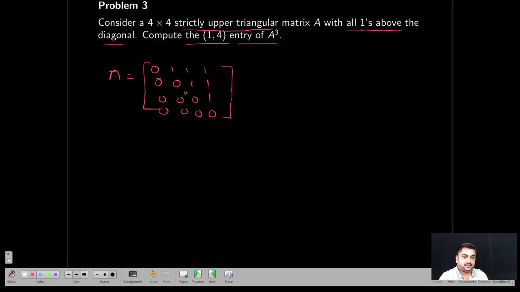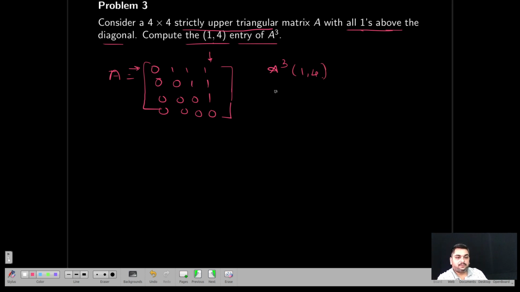Strictly upper triangular means the diagonal should also be 0. Only the elements above it should be 1. That is what they are saying. Now, if you multiply it 3 times, that is, if you find A cube, then in that result what is the 1, 4 entry? A cube of 1, 4.